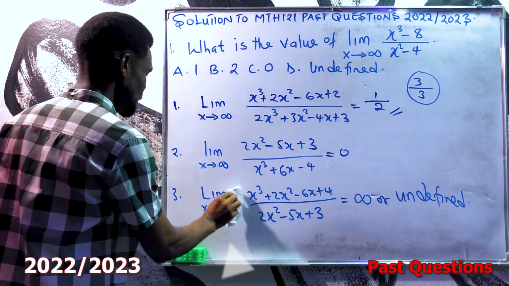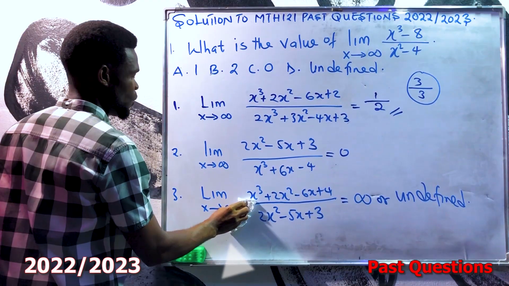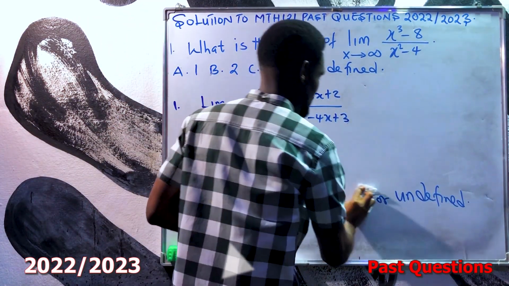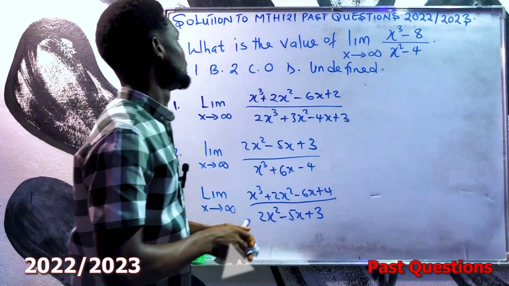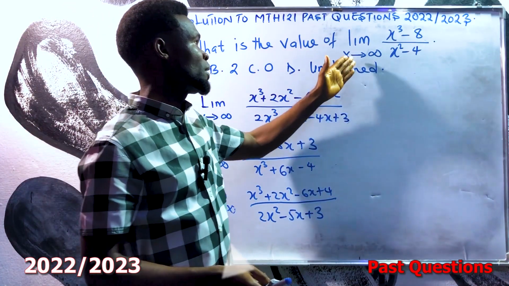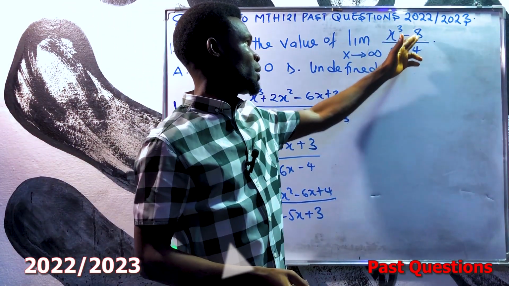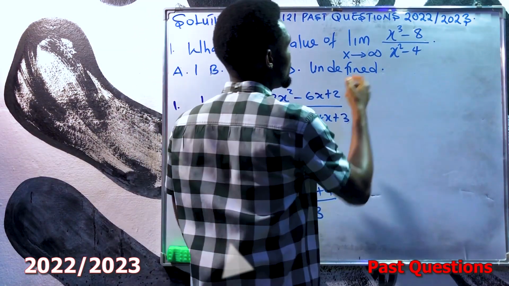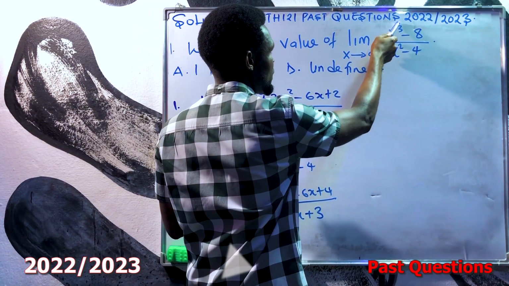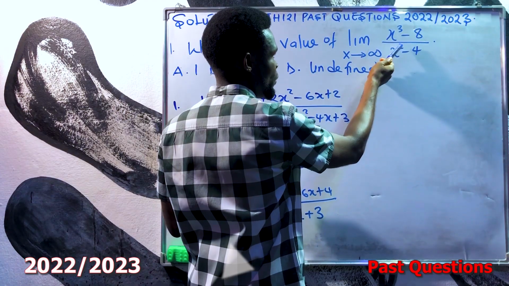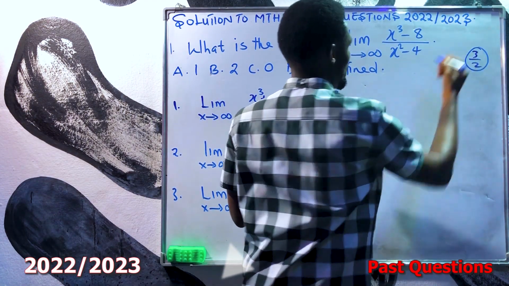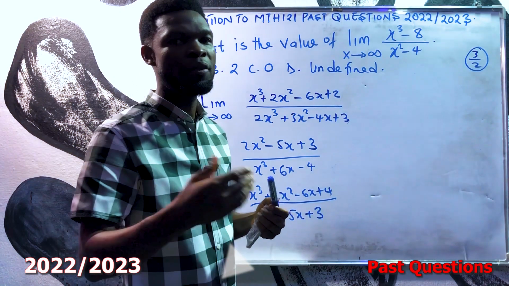So, with that understanding, we now go back to the question that was asked. And the question is, what is the value of the limit as x tends to infinity of x cubed minus 8 over x squared minus 4? Now, if you see, the highest degree of the numerator is 3 and the highest degree of the denominator is 2. So that's like 3 over 2, which is improper fraction.